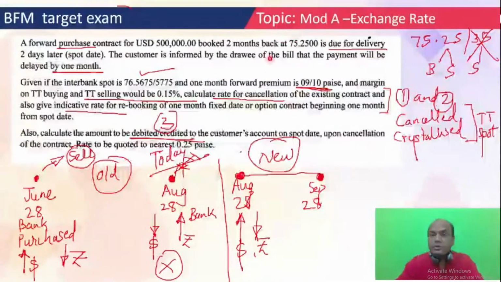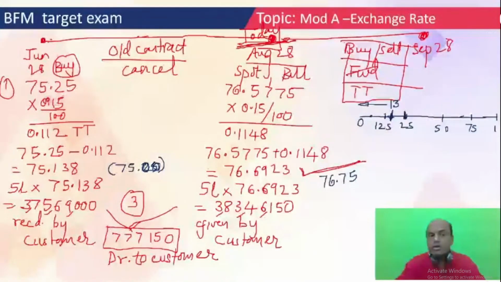So 75.25 into 0.15% you'll be getting as 0.112 as a TT margin. So this is 0.112, TT margin.